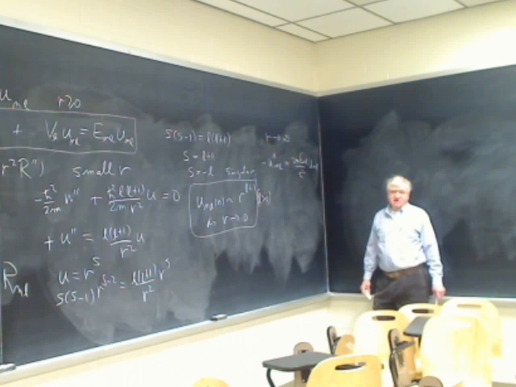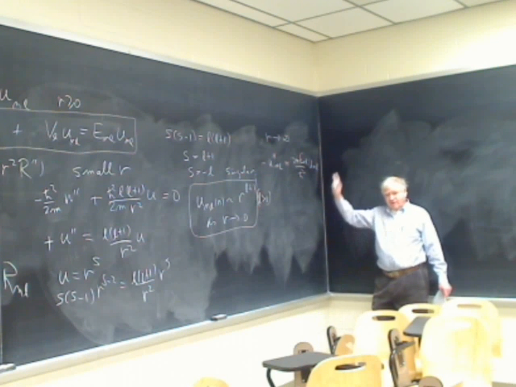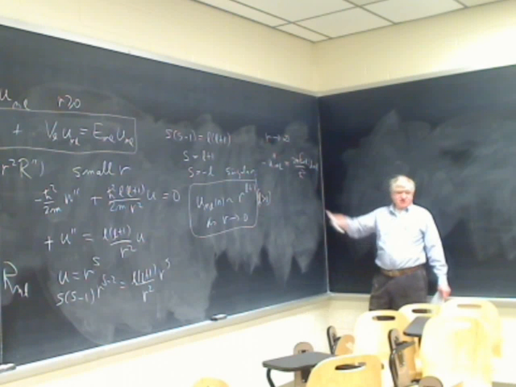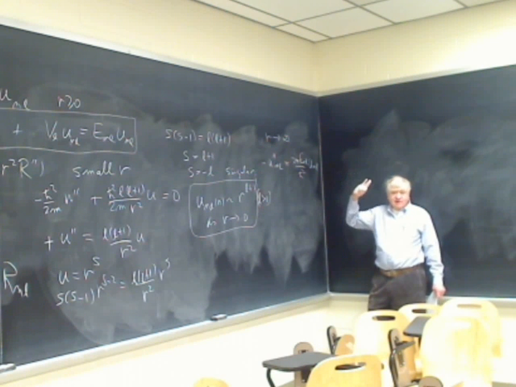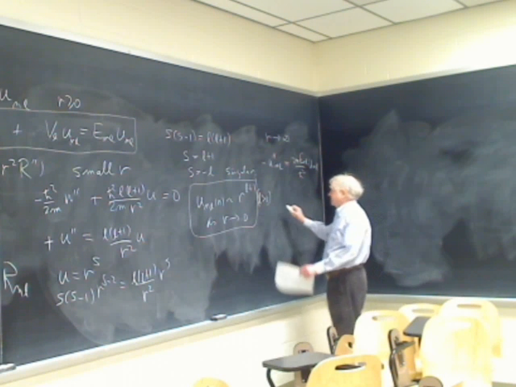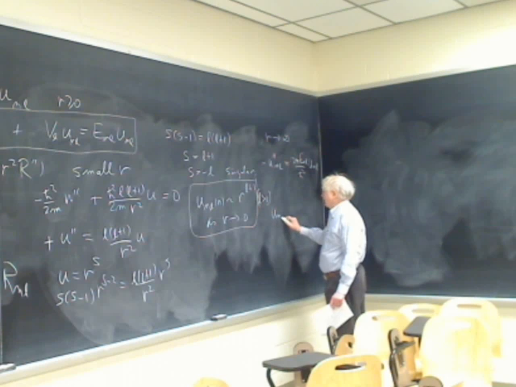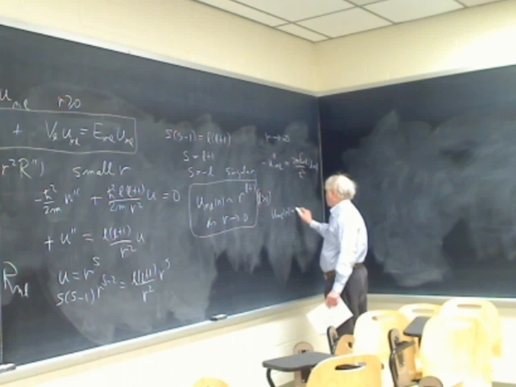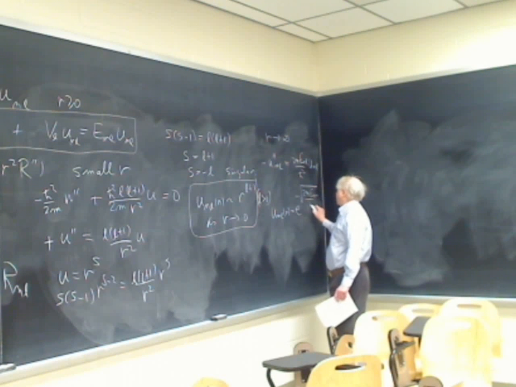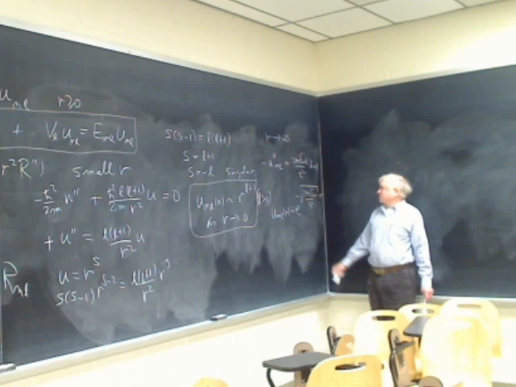There are simple solutions to this. There are, of course, two solutions. One is a growing exponential, one is a decaying exponential. The growing exponential is crazy because it's completely unnormalizable. And so the solution is u n l of r is e to the minus square root of 2m E n l over h bar squared, all that times r. So then you differentiate once.